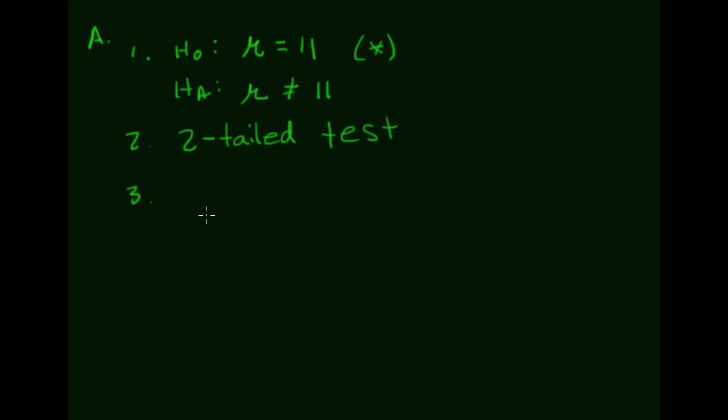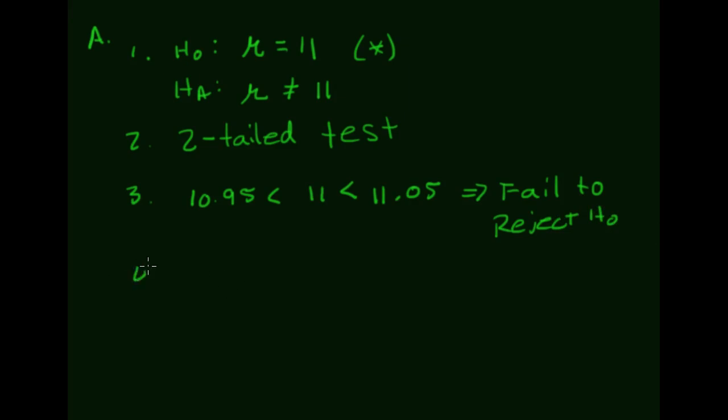We get this additional information. Karen takes a simple random sample of 400 Chipotle orders and finds that the actual average expense per person is between $10.95 and $11.05, which is great because $10.95 is less than 11, which is less than $11.05, which means that I fail to reject H null. H null was the claim here.